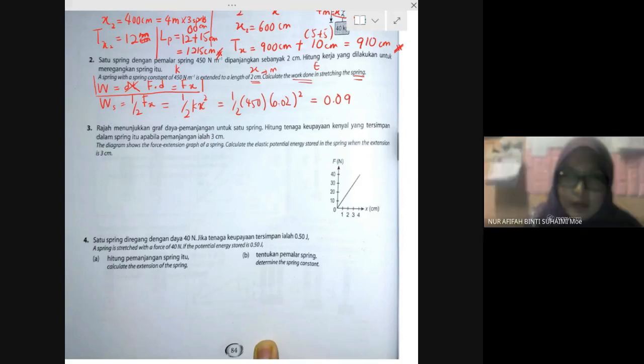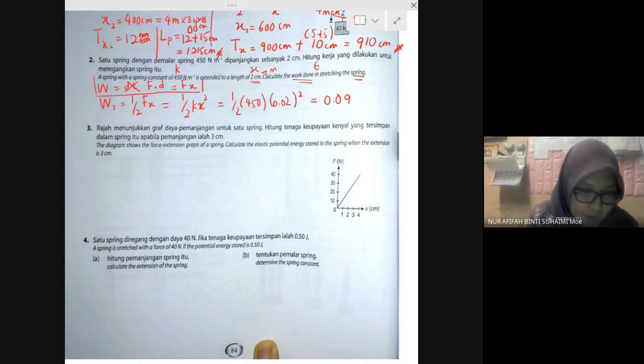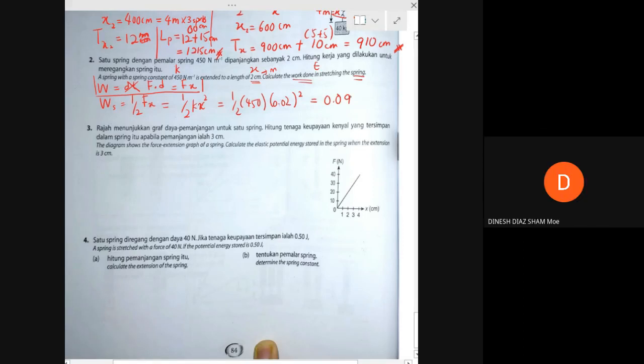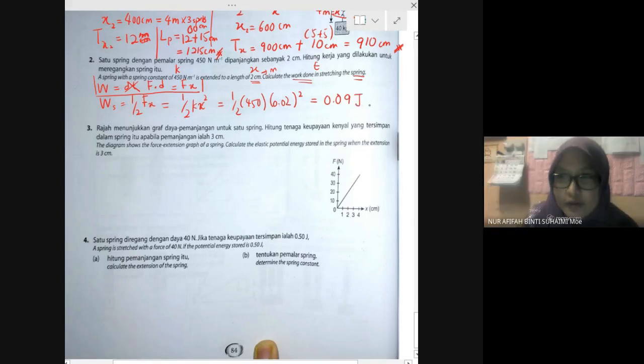W is watt. Watt for power. Energy unit apa? Sama dengan work. Apa unit untuk work? Joule. Yes. Okay. Unit for energy is joule. So 0.09 joule. Okay.